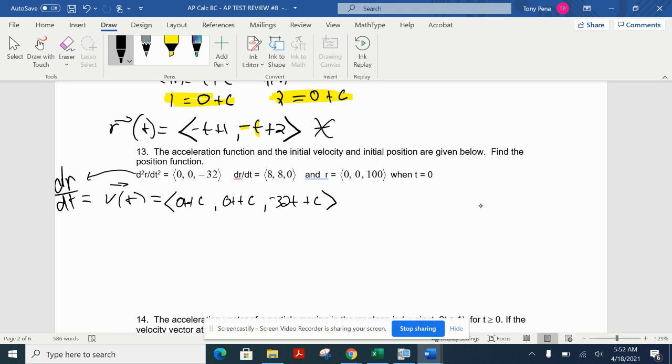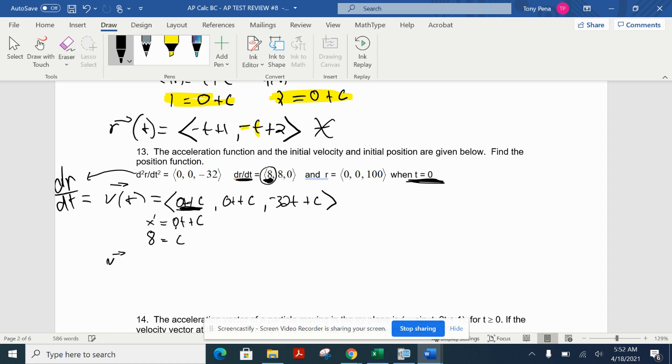From there, at the time of 0, here's our dr dt, our rate of change with respect to x was an 8. So we would say x primed is equal to 0t plus c. Since this is 0 either way, like the time is 0 and we had a 0 for the coefficient, then our c would just end up being the 8.